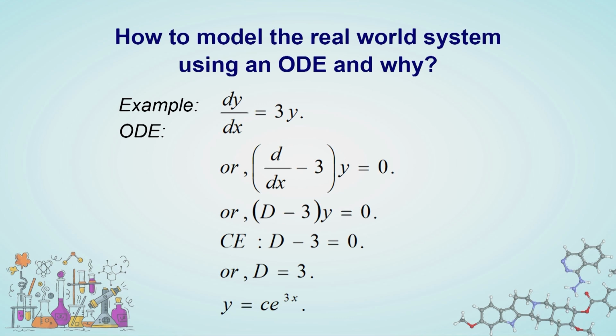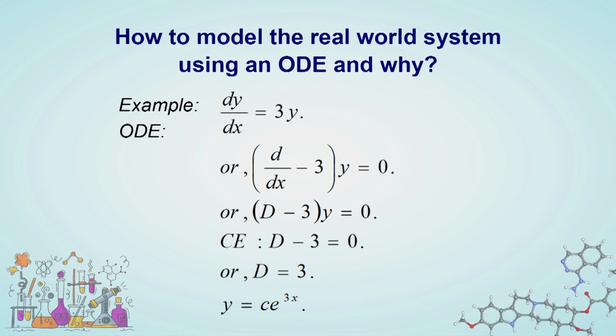We know the real and distinct root condition: if there are real and distinct roots, maybe m1, m2, m3, then the solution will be c1 e^(m1x) plus c2 e^(m2x). Here we have only one real root. Then y equal to ce^(3x) is the solution of the given ODE.